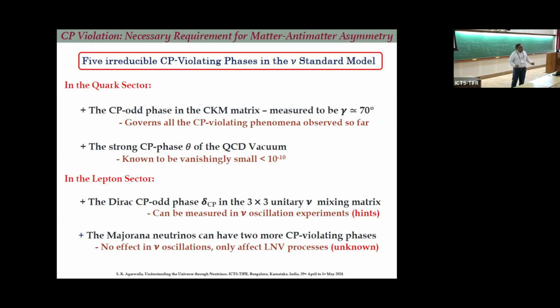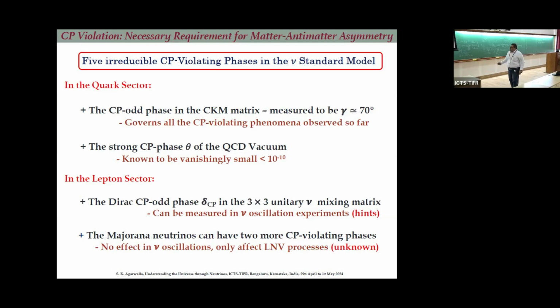And so far, this is the phase which governs all the CP violating phenomena. In principle, you can have a CP phase in your strong interaction, and with the development of QCD, this is called the strong CP problem, and there the CP phase theta of the QCD vacuum is very, very small at present. It is less than 10 to the power minus 10.